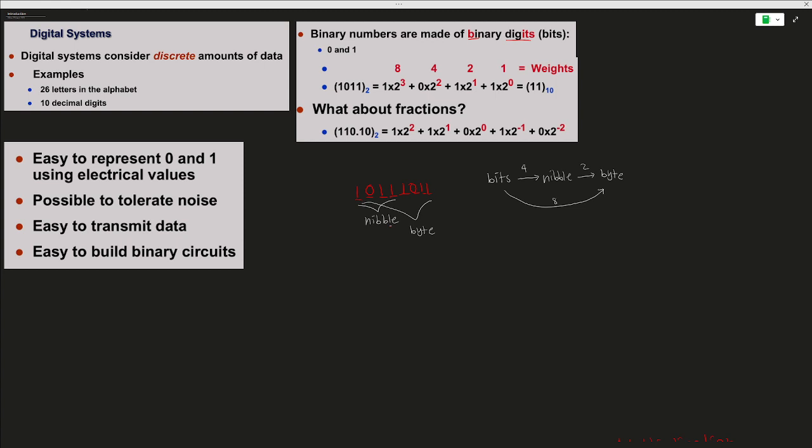Yung isang byte kasi na yun, so makikita mo sa mga files natin, we have 1 kilobyte. So that is equal to 1,000 na bytes. Meaning there are a total of 8,000 bits of data for that. Okay? And that 1 pixel usually is 1 byte, no?